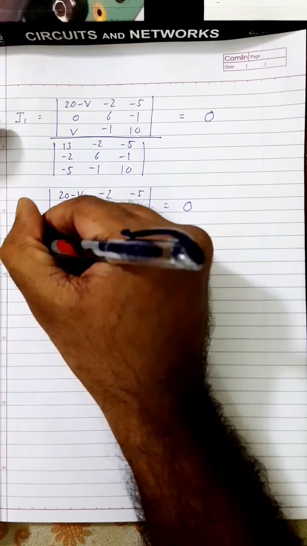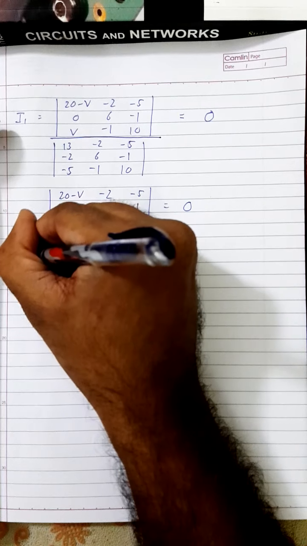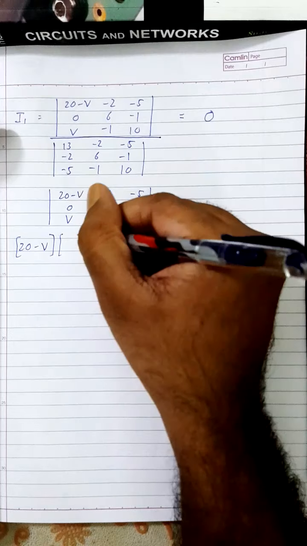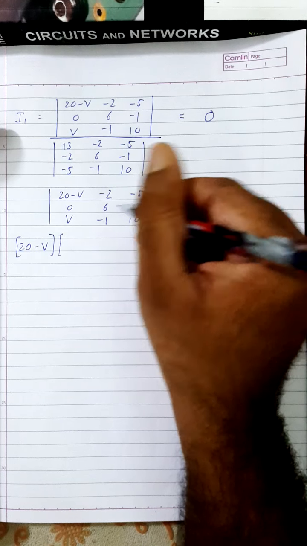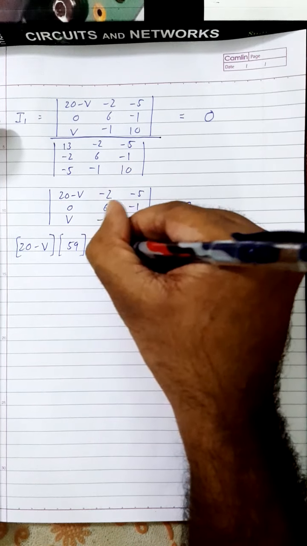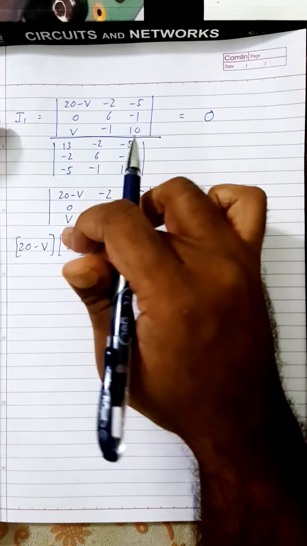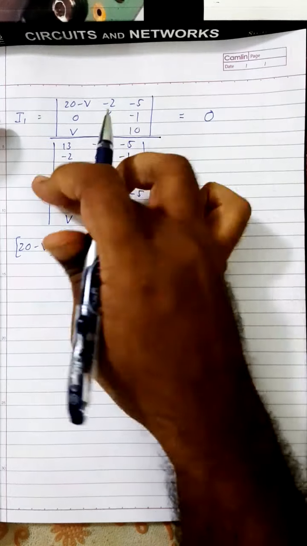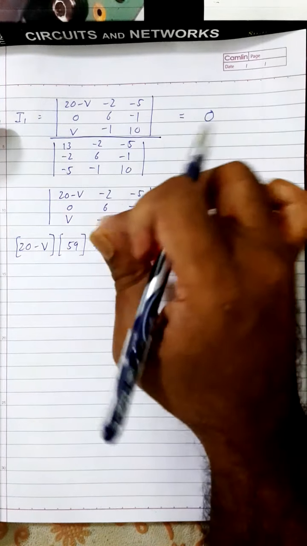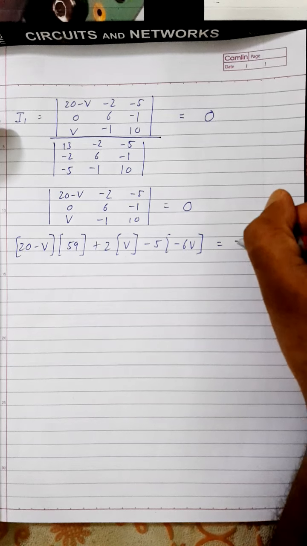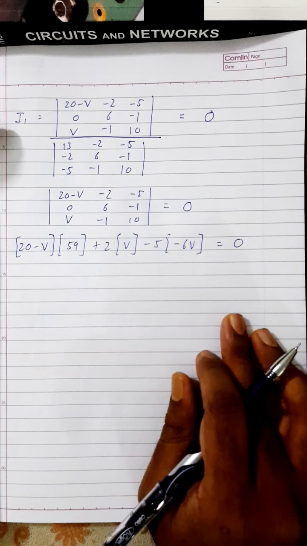Which means 20 minus V, this is 60 and this is 1, so 60 minus 1 is 59. Minus of minus is plus, 2 into, we have 0, minus V becomes V, minus 5 into, and this is 0, and this is 6V, becomes minus 6V, equal to 0, right?